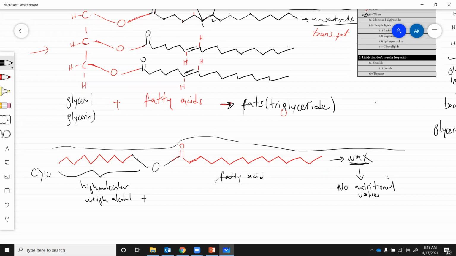Our body doesn't burn the fat right away. We burn the carbohydrate first, and if you don't have carbohydrates, then you can burn the fat. But when it comes to waxes, we have ear wax, and we have beeswax, all those waxes you can imagine. This is how you make it. And as you can see, we don't really eat waxes, because it doesn't have any nutritional value. It's not going to give us anything basically, right?